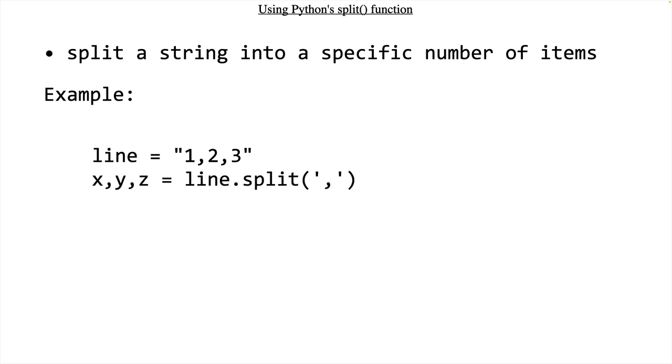I then split that on comma, and if I print out y, it's going to tell me 2, because I split that line into 3 items. The first item went in X, the second in Y, the third in Z. Then I chose to print the middle one, which outputs 2. So if you're very confident that you know how many things you're going to get from split and have that number of variables on the left hand side of the assignment statement, you're okay.